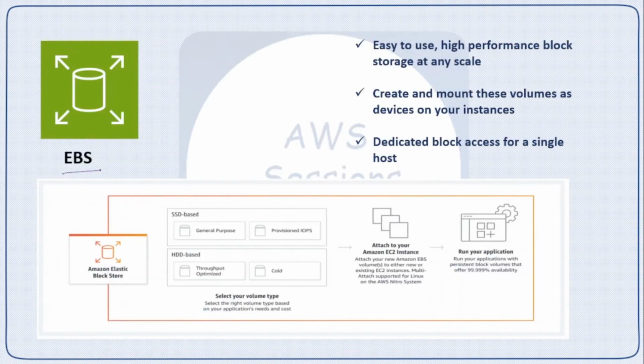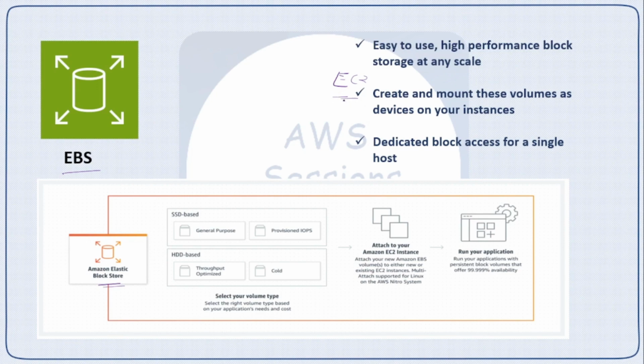Next service is EBS, or we call it Elastic Block Storage. So I'll give you some background. We have just seen what EC2 is. Suppose you have some data in the EC2 instance.